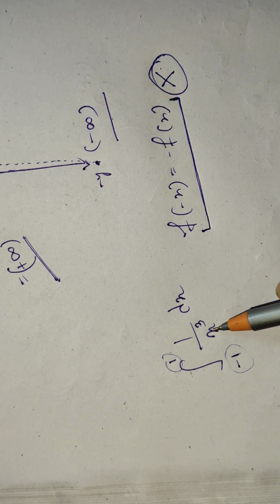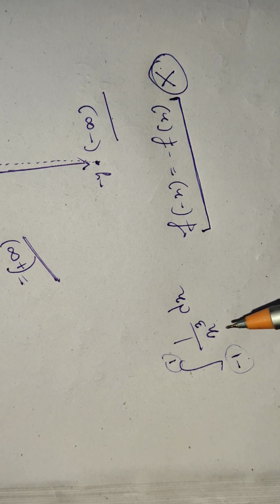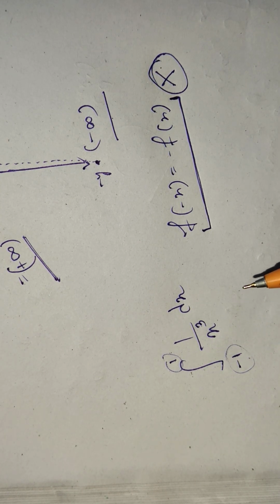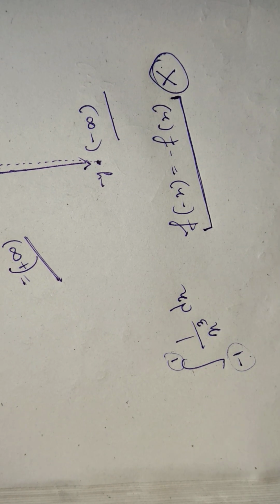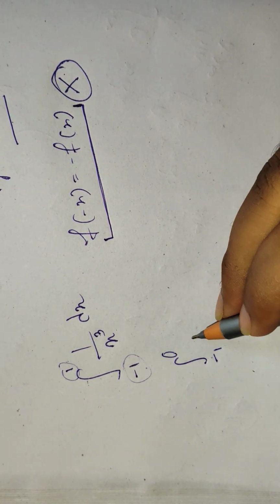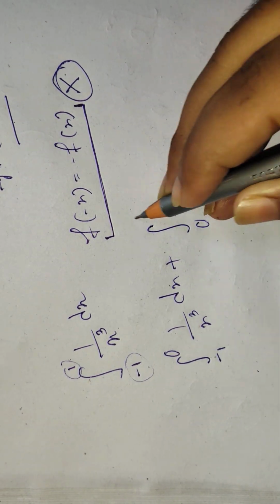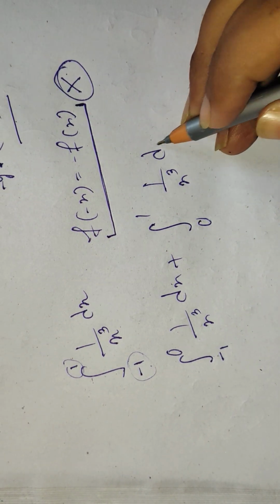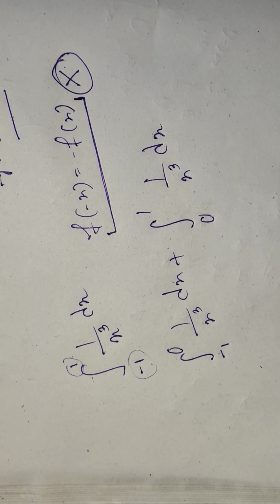The function is bounded at -1 and at 1, but not bounded at 0, which lies between -1 and 1. So you have to break the integral into two parts: -1 to 0 of 1 by x cube dx, plus 0 to 1 of 1 by x cube dx. It's very easy to understand.